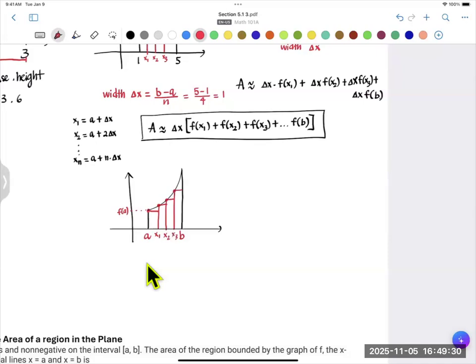Okay, and the area will be approximate, and this is called left endpoint. The area approximated using left endpoint will be delta x times, for the first rectangle the height will be f of a, so you're going to have the first term f of a plus f of x1 plus f of x2, so on to f of x3.